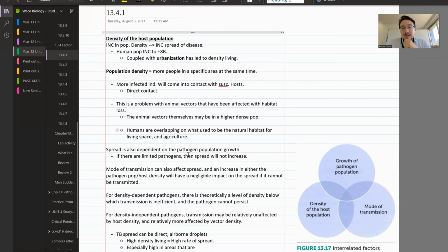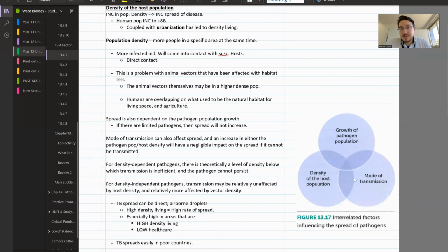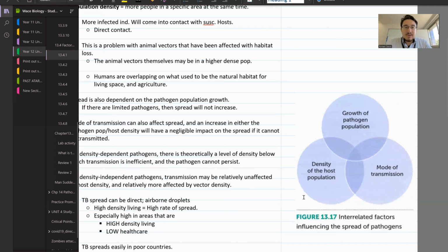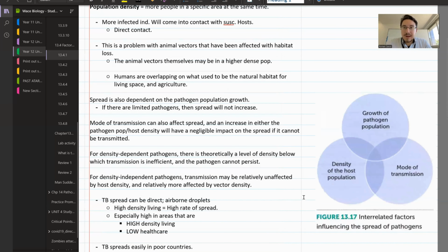And the last one we need to talk about is mode of transmission, along with other factors that can influence the interplay between these three factors, ultimately referring to the spread of pathogens.